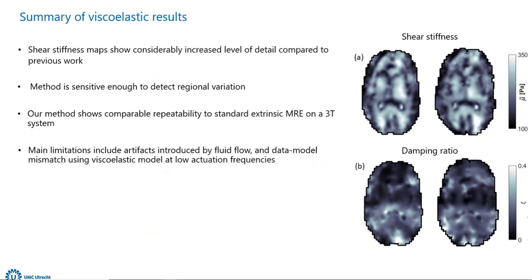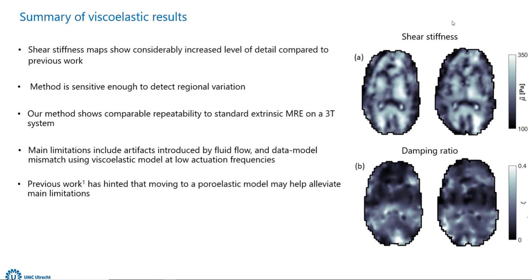The main limitations right now are these fluid flow artifacts that we see, these bright hotspots here, and data model mismatch of using a viscoelastic model at low actuation frequencies. Now, there is some previous work that has hinted that moving to a poroelastic brain model may help alleviate this main limitation, and is something that I'm working on right now.